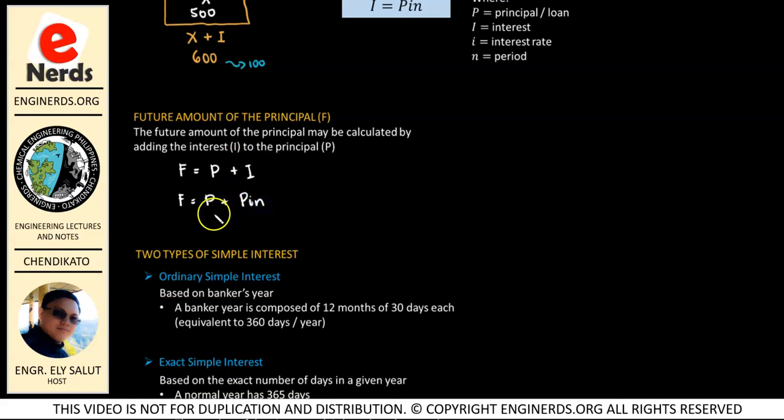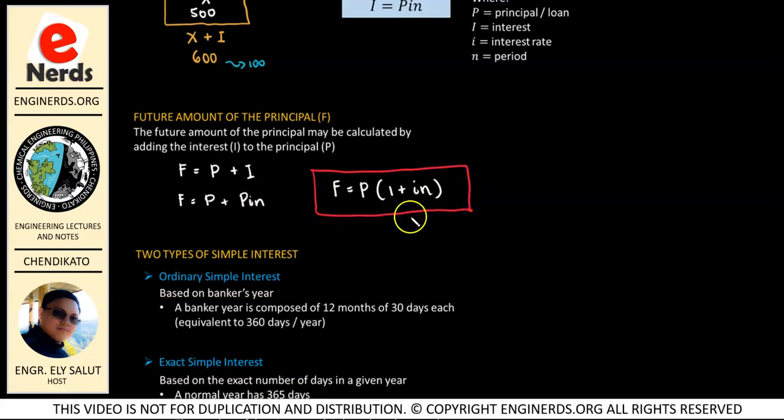We can simplify this by factoring out itong ating principal or P. So that means we have future amount is equal to P times (1 plus iN). This is the equation na kailangan nating tandaan for future amount. Gagamitin natin yan sa pagsosolve mamaya ng ating mga sample problems.